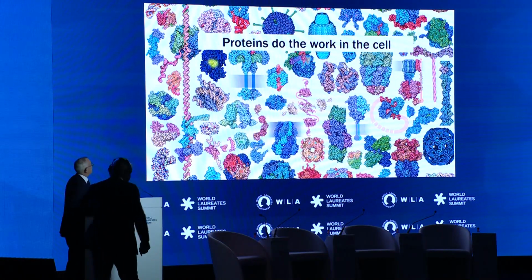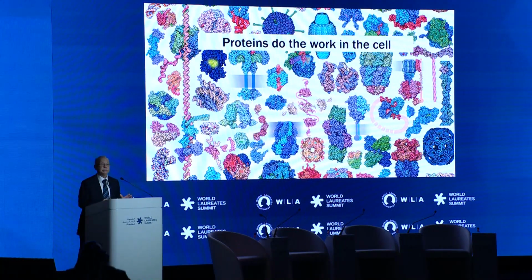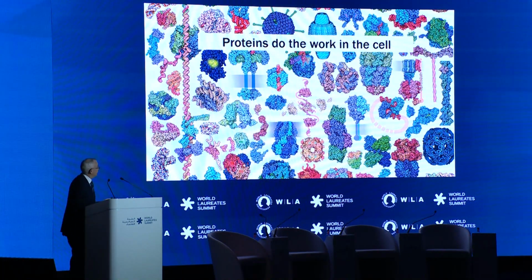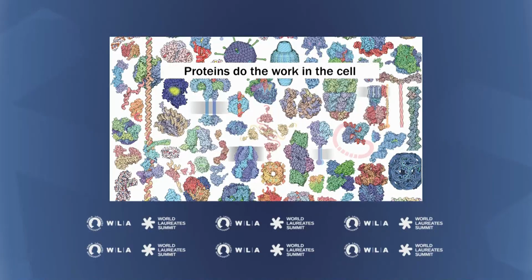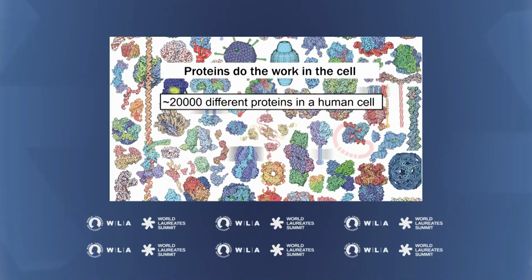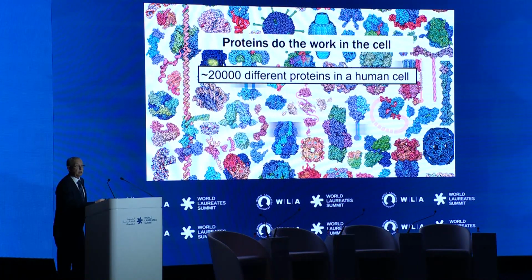Now it's working. Proteins are the workhorses in our cells. They do practically every cellular function. They come in many shapes and sizes. There are approximately 20,000 different proteins in a human cell, some in only a few copies, some in millions of copies per cell.